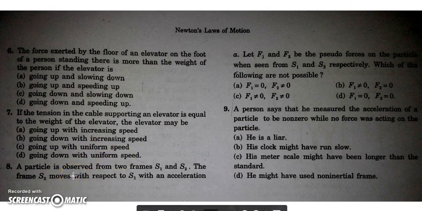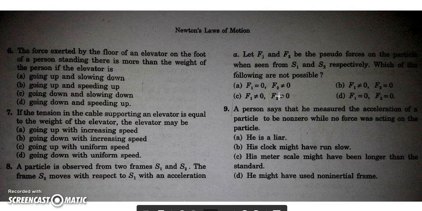Next: a particle is observed from two frames S1 and S2. The frame S2 moves with respect to S1 with an acceleration a. Let F1, F2 be the pseudo forces on the particle when seen from S1 and S2. Which of the following are not possible?